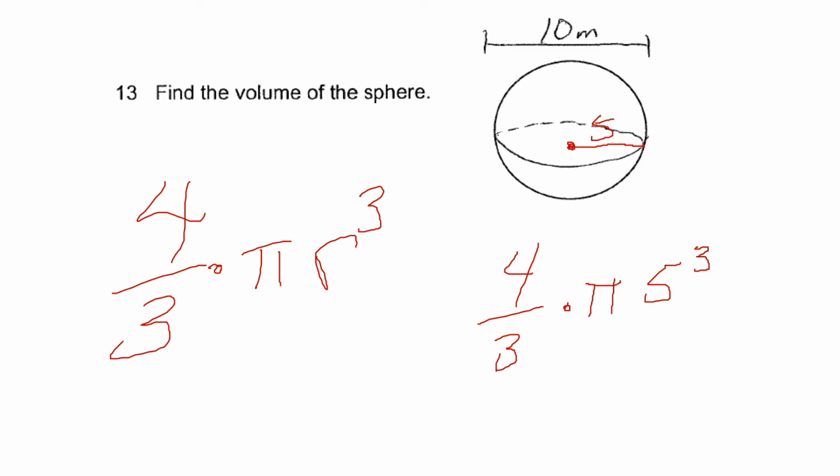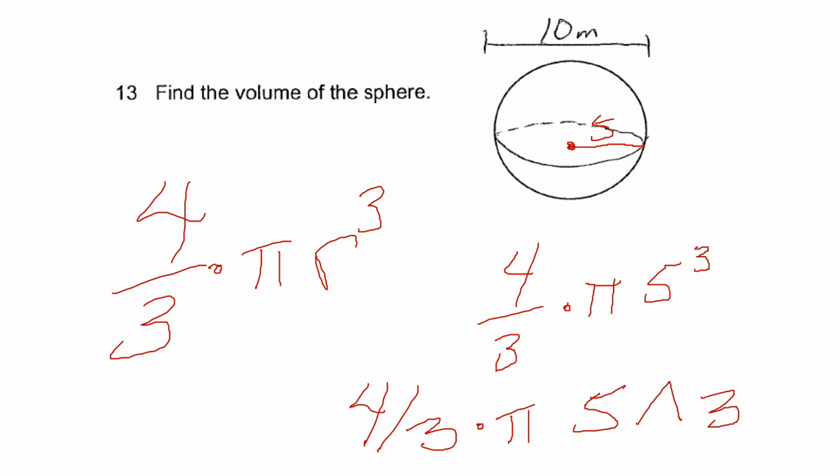When you put it in the calculator, you can just say 5 times 5 times 5, that'll be 5 cubed. Or there's a little button with a little mountaintop thing, and you can do it like that. So in the calculator, it'd be 4 divided by 3 times pi, and then 5 raised to the 3rd power.